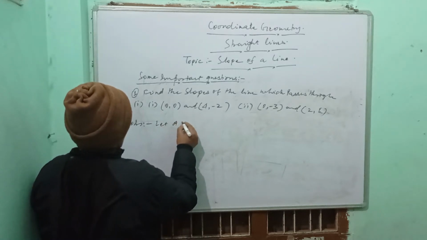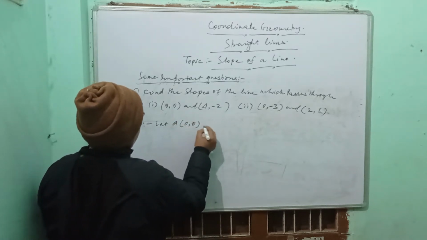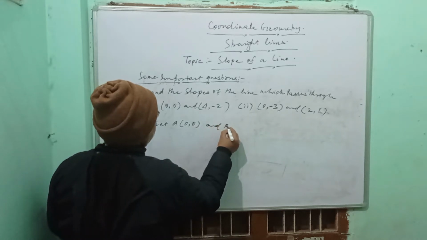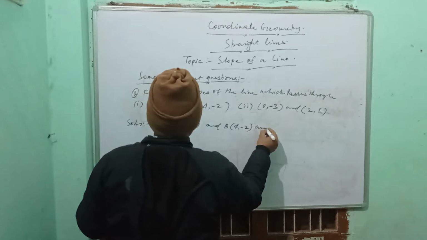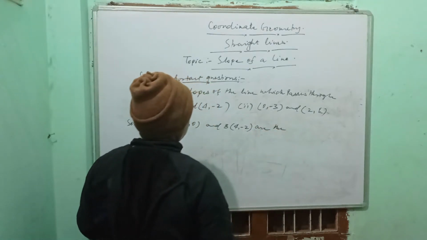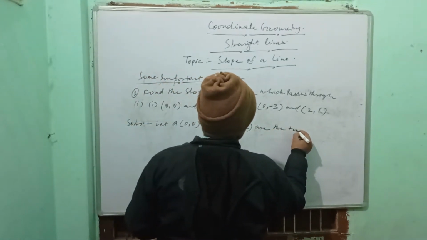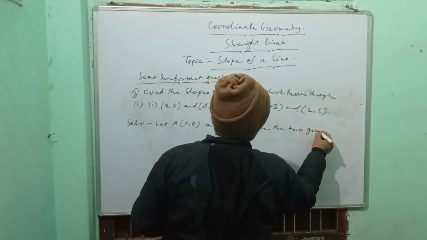Let A 0, 0 and B 4, -2 be the two given points.